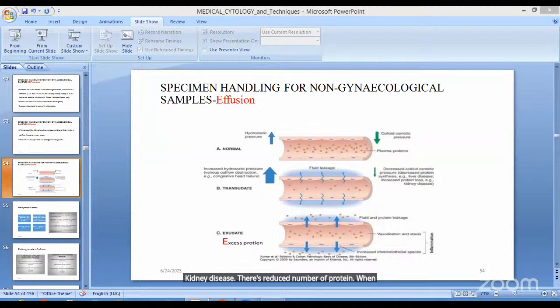When this happens, there are going to be leakages through the inter-endothelial cell spaces. That's what this diagram is showing. You see fluid, and when fluid leaks, you are going to have effusion.